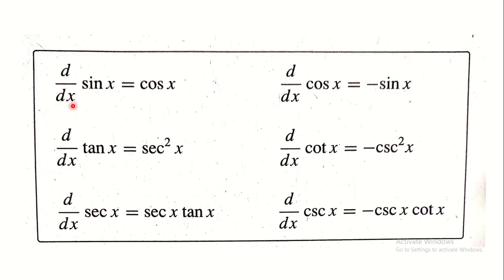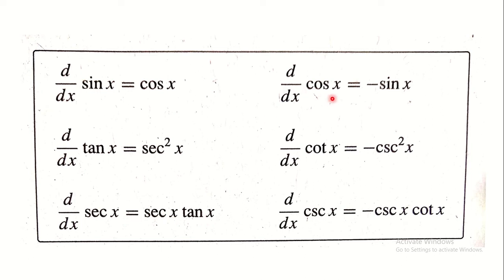Okay, so ito yung mga derivative formulas natin for trigonometric function. As you can see, the derivative of sine x is equal to cosine x. The derivative of tangent x is equal to secant square x. The derivative of secant x is equal to secant x tangent x.